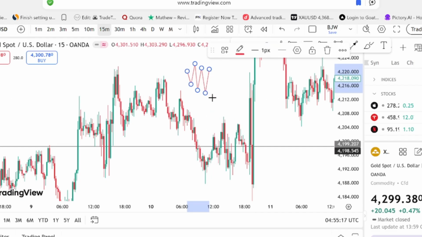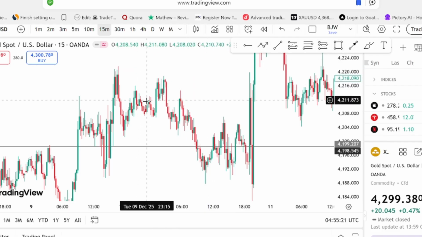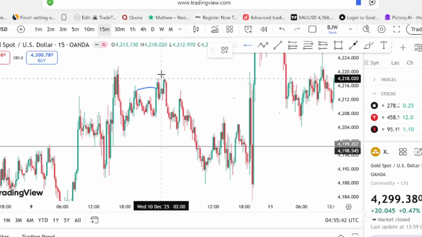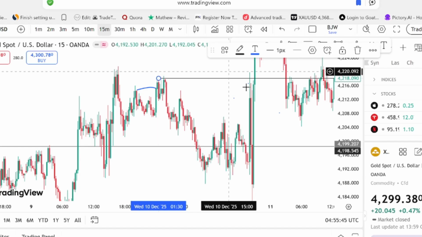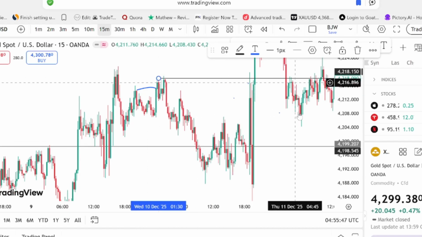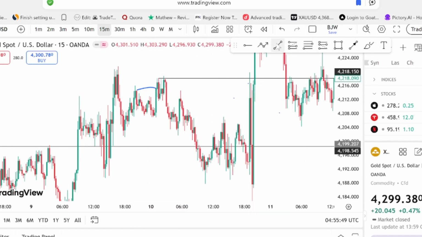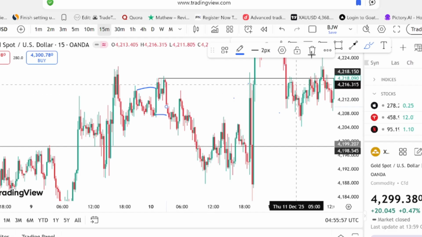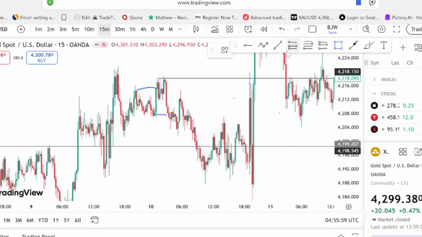Now what happened right here: this turned out to be a sweep of this previous high, this particular high you're seeing right here. Then we saw a break of structure right here that took out this high, and then we saw another low right here.